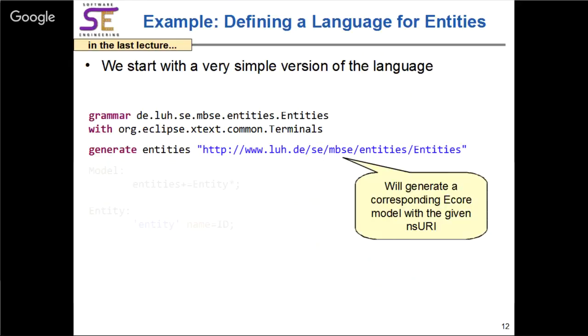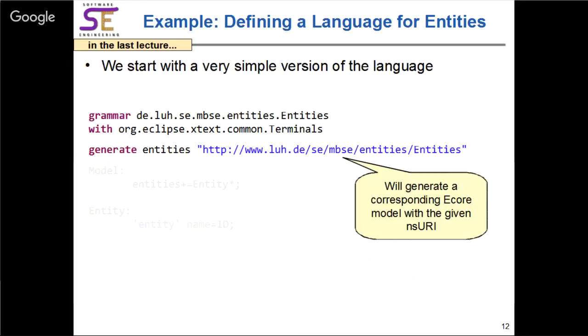So there are two possibilities. You can develop a textual representation of an existing eCore meta model, or you can derive a fitting meta model for the language from this language definition that I'm defining. And this is the latter.